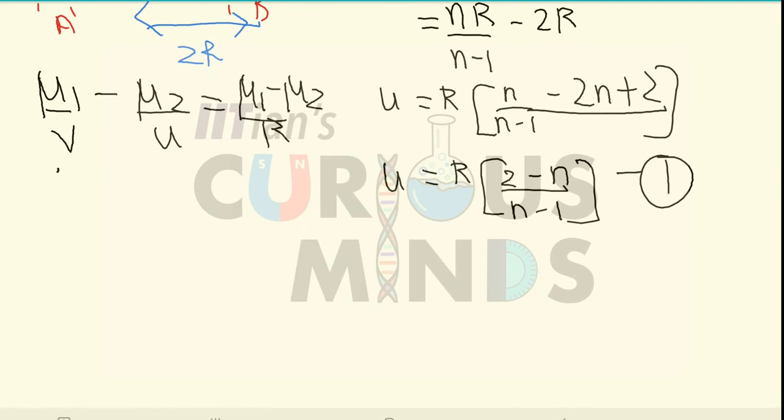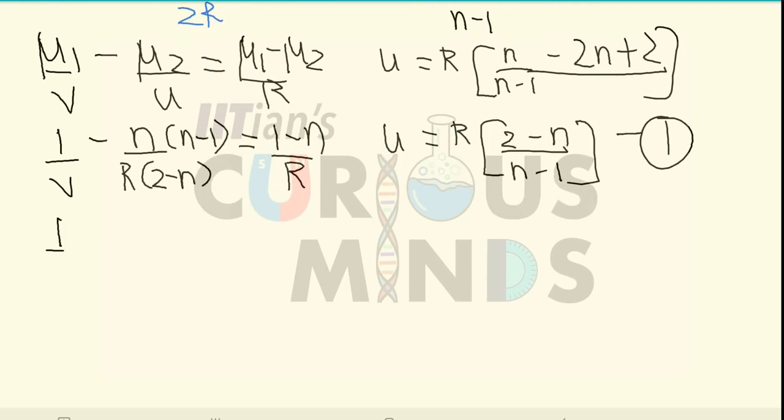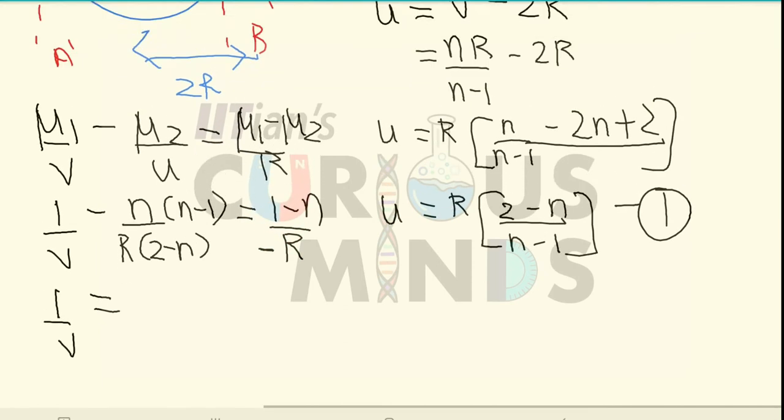So let us substitute the value. 1 by v minus n divided by u, where u is r times 2 minus n divided by n minus 1, is equal to mu1 minus mu2, that is 1 minus n divided by minus r.